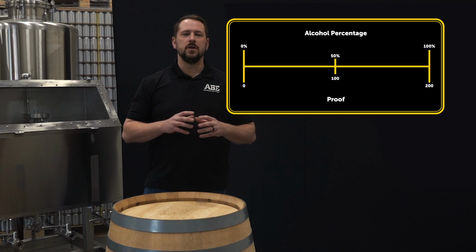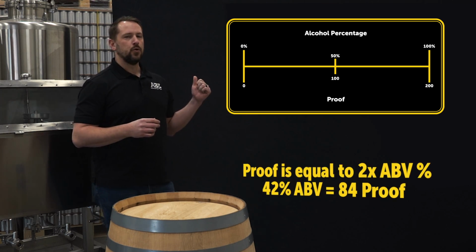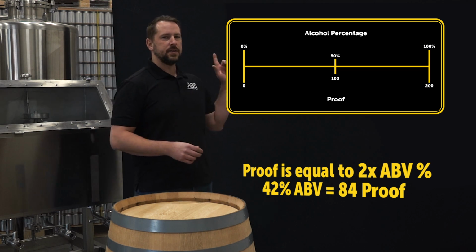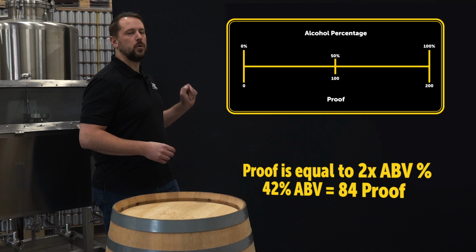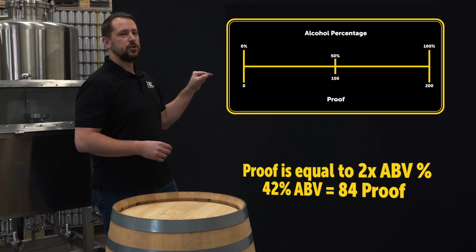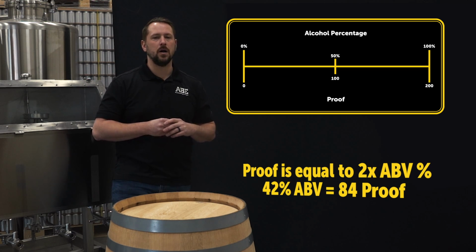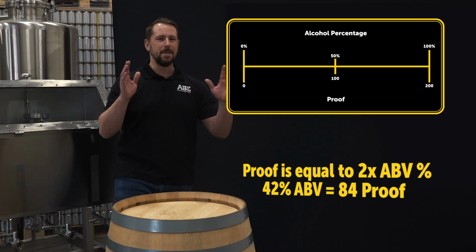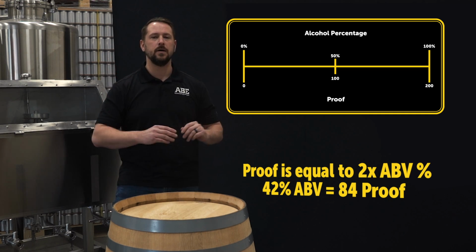To give you a visual and make this a little bit easier to digest, the scale on the screen shows proof and alcohol percentage. The top of the scale is going to be 0 to 100% alcohol, and the lower portion of the scale is going to be 0 to 200 proof. There's a little hash mark there at the 50% alcohol or the 100 proof mark. We're just talking about that proof portion of the scale.